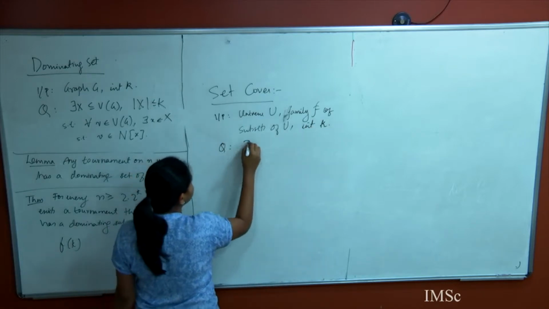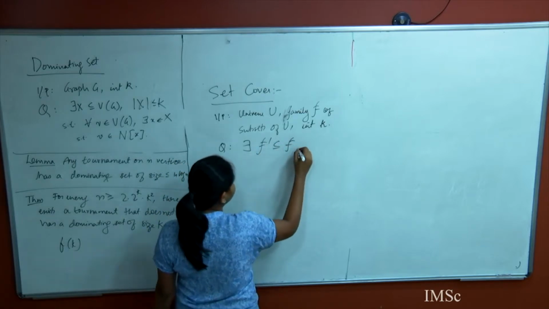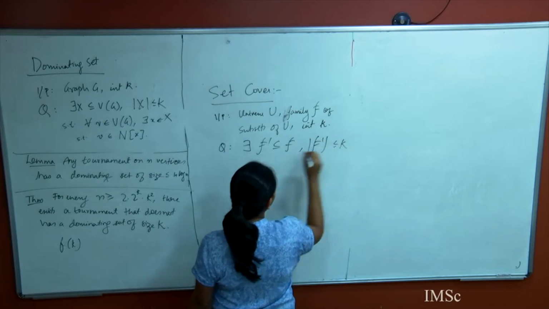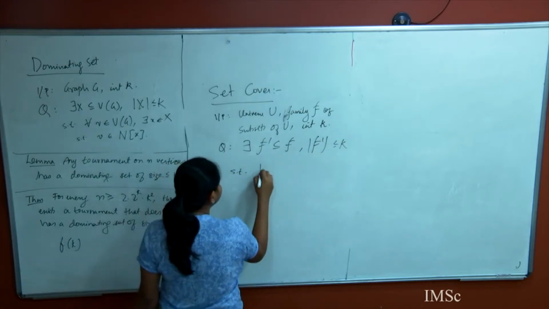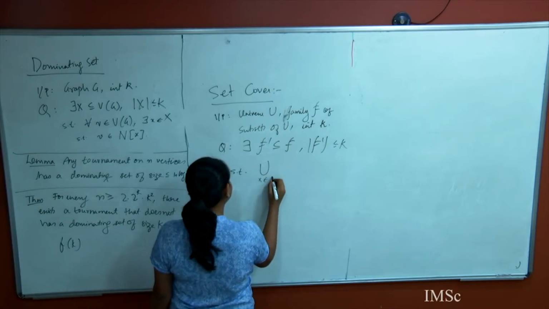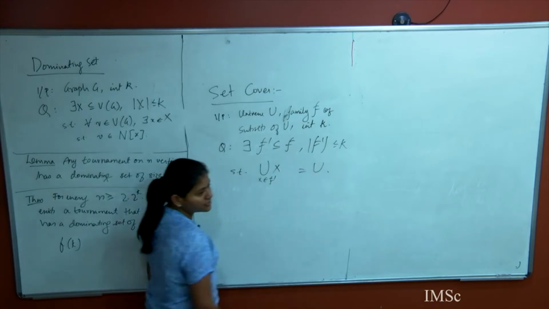The question is, does there exist a subfamily F prime subset of F, where the subfamily has size at most k, such that if you take the union of the sets in the family, then this covers the whole universe?